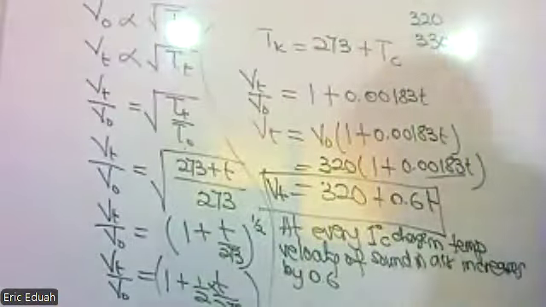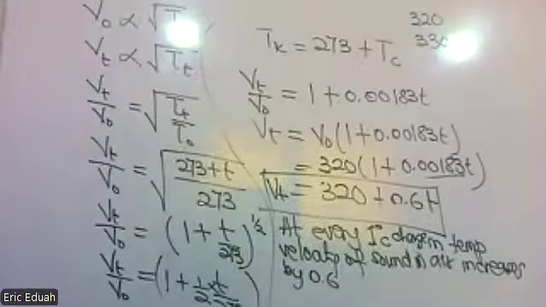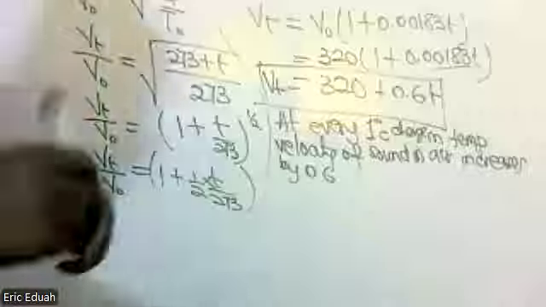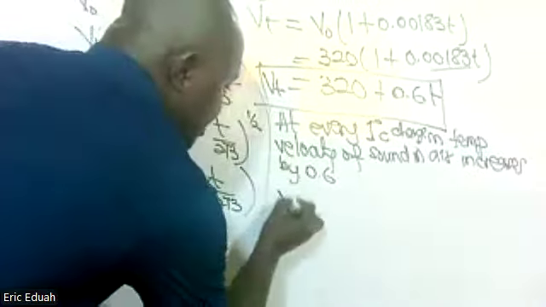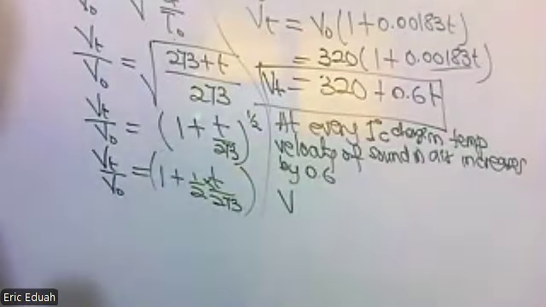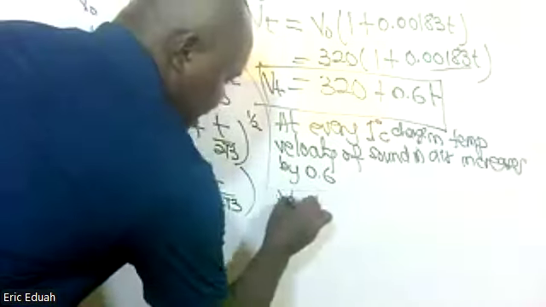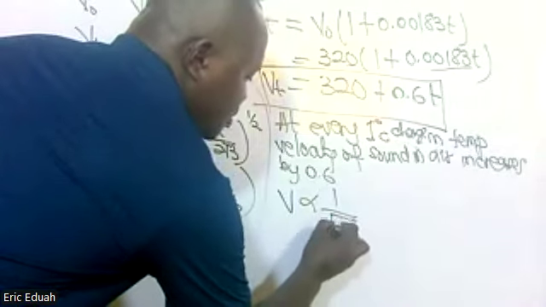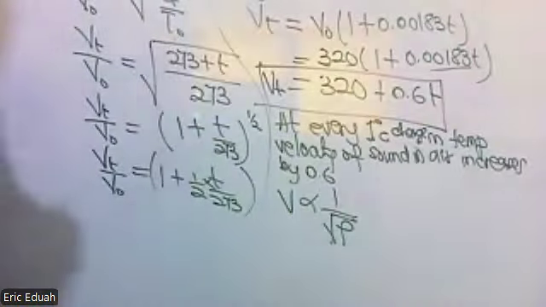So that is it. Now, velocity of sound in air is also related to density of the air by this equation. V is inversely proportional to square root of density.